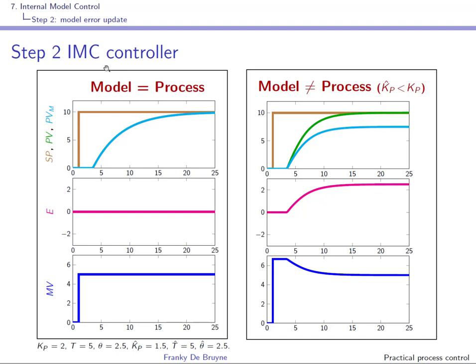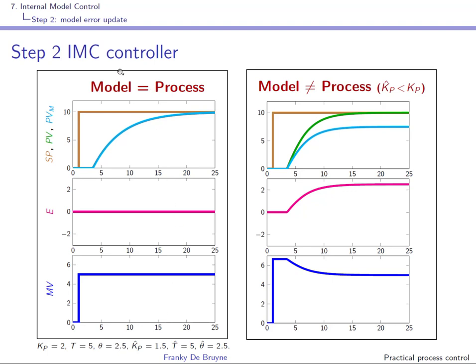Well, let us have a look at the step responses associated to IMC controllers from step 2. In the first case, we have here model is equal to process, and here we have that model is different from process. In this particular case, the time constant of the process and the delay are exact, but the gain in the model is smaller than the actual process. The actual process is a Broida model, so a gain, a time constant, and a delay.